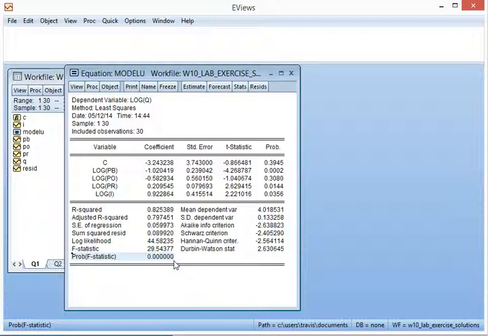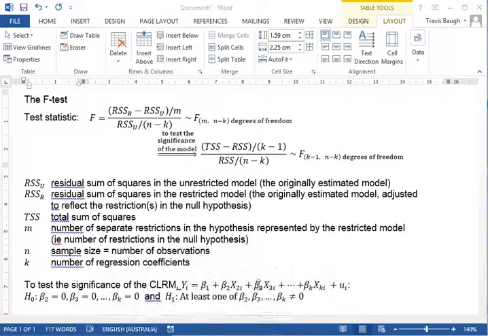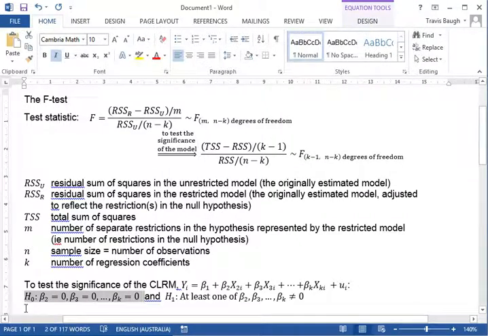And what are the null and alternative hypotheses for this test? Well, I've got those shown in another document. This F-test of the significance of the model has as its null hypothesis that all of the slope coefficients are actually equal to 0. Note that it's only the slope coefficients, so I'm not hypothesizing that B1, the intercept coefficient, is equal to 0, but every other coefficient, B2, B3, B4, etc., up to however many variables we have in the model, are all equal to 0.